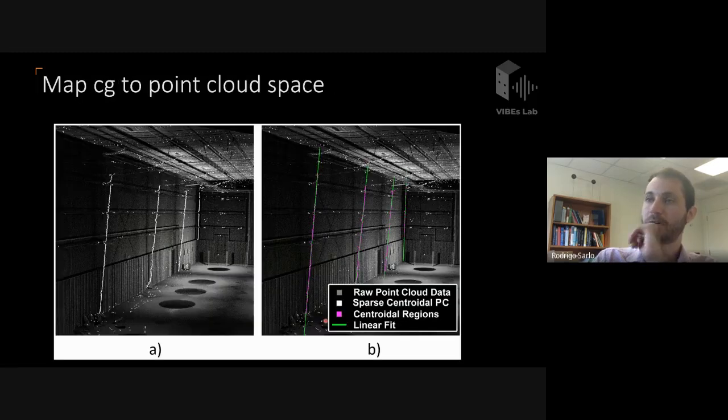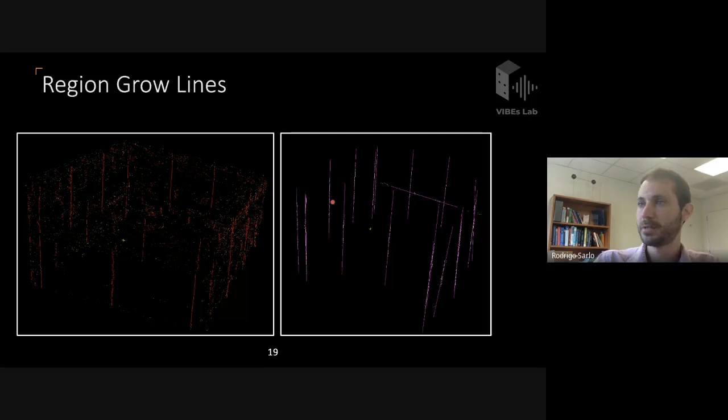relevant cross-section. So mapping that back out to 3D space, we see that the original point cloud, which is essentially this whole image you're seeing here, just super dense, millions and millions of points, is reduced to a very sparse centroidal point cloud. It's still pretty noisy, but we can use a technique called region growing to actually identify strong linear segments within this point cloud, and that defines our centroidal axes for the elements that we're interested in.